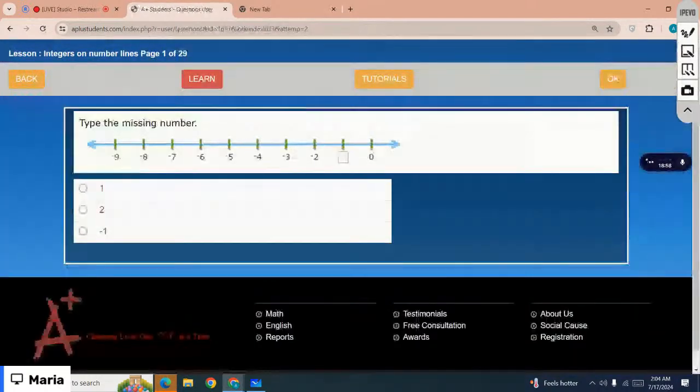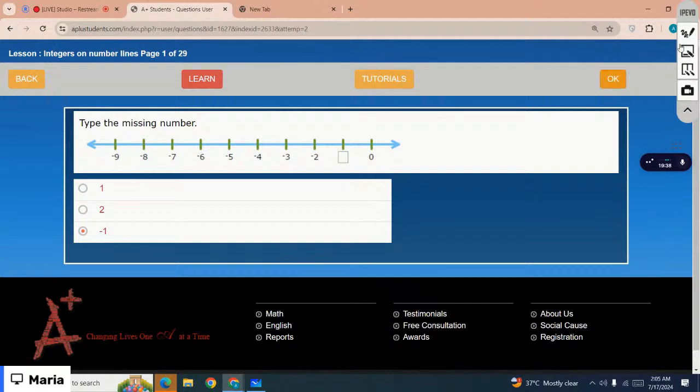So which number is missing? Yes, -1, it is right.